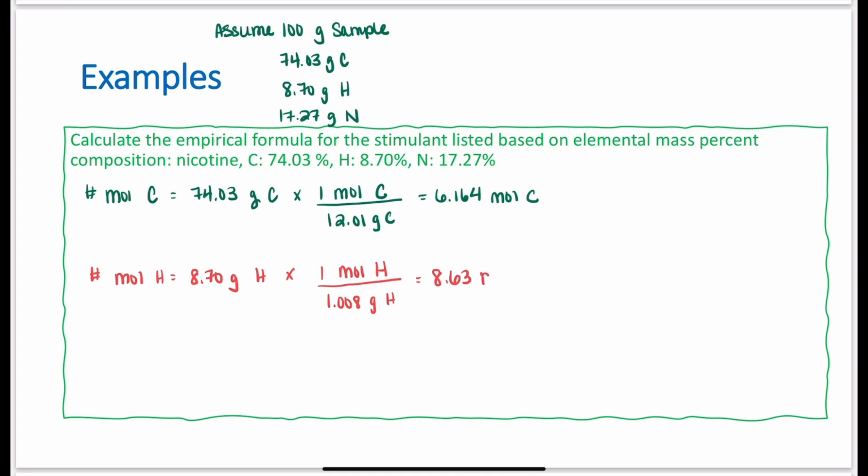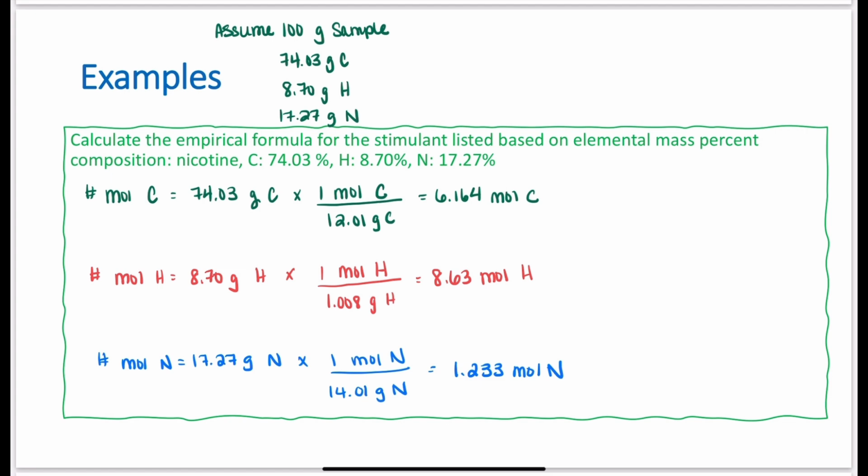Gives me 8.63 moles. And my nitrogen. Number of moles of nitrogen, I have 17.27 grams of nitrogen, and 1 mole of nitrogen weighs 14.01 grams. And let me calculate that. 17.27 divided by 14.01 gives me 1.233 moles of nitrogen.